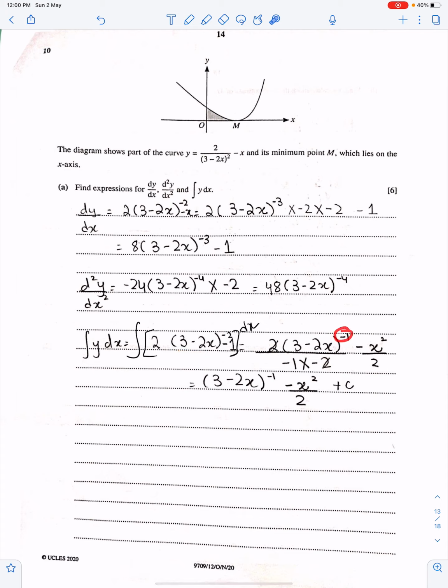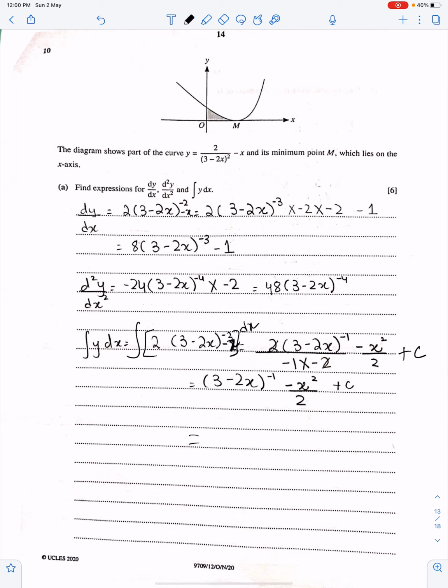And this power is here, and the differential of this bracket is minus 2. And the integration of minus 1 is, this is not minus 1, this is x. So integration of negative x is minus x square upon 2. And this is the constant of integration. This is the simplified form.